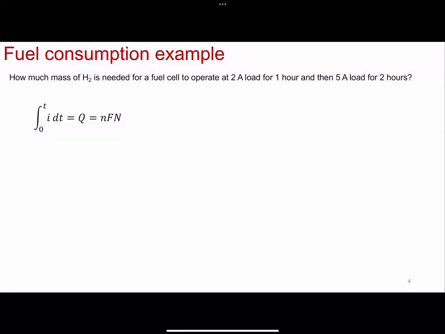So an example would be, if you need to operate your fuel cell for some appliance or device at 2 amps for 1 hour, so amp hour, and then you follow that up with some different load. So there can be variable load, 5 amps at 2 hours, but some load X amps at Y hours.